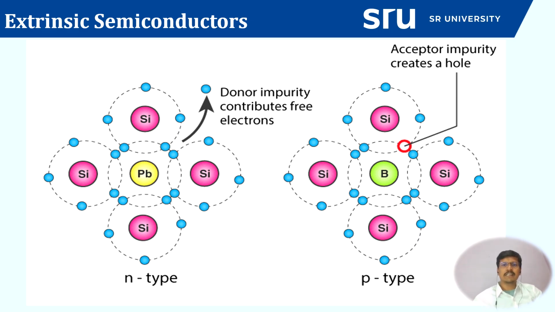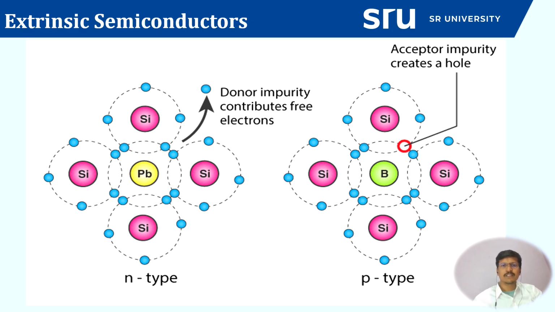Now, let us understand how remarkable this process really is. Suppose you have a pure silicon crystal containing millions and millions of silicon atoms. You may think that adding a few impurity atoms would make little difference.